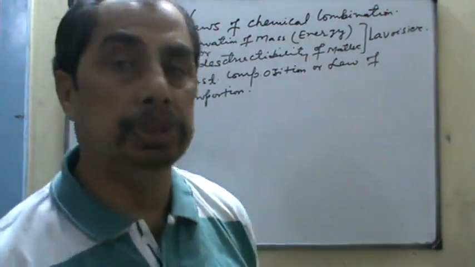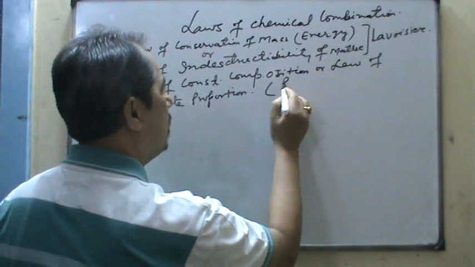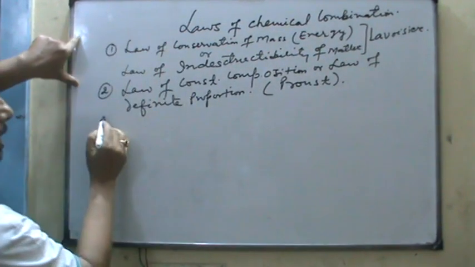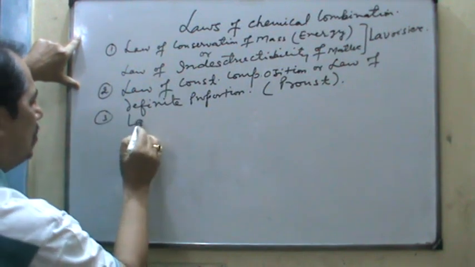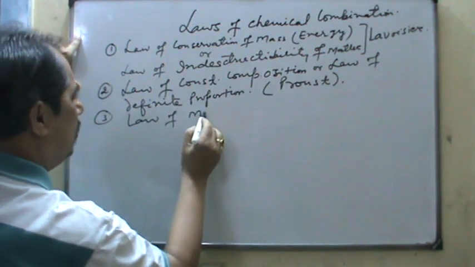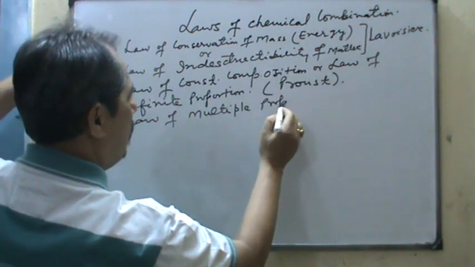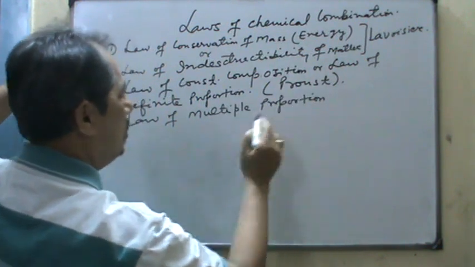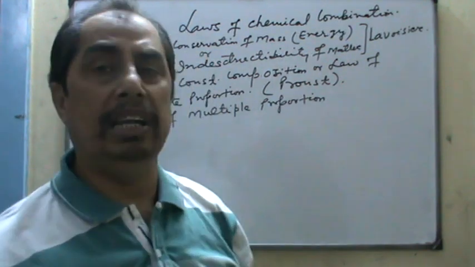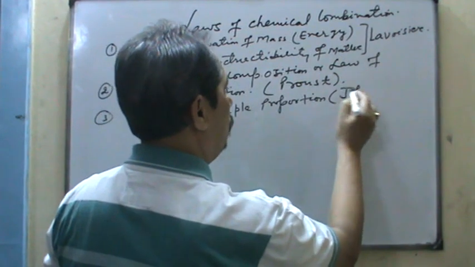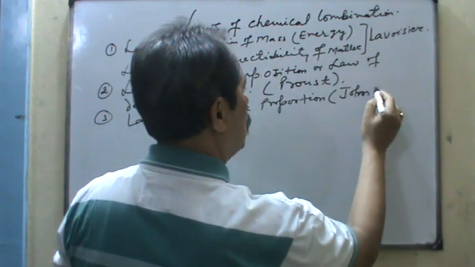French chemist Proust. Given by Proust. Third one is law of multiple proportion. Who gave this law? Law of multiple proportion, yes, given by John Dalton.